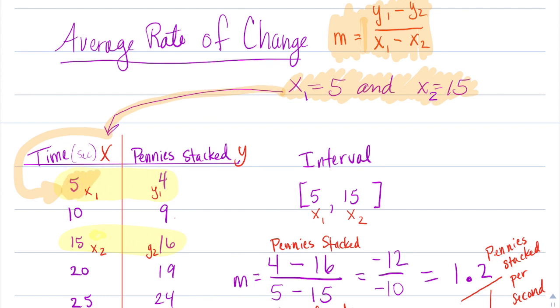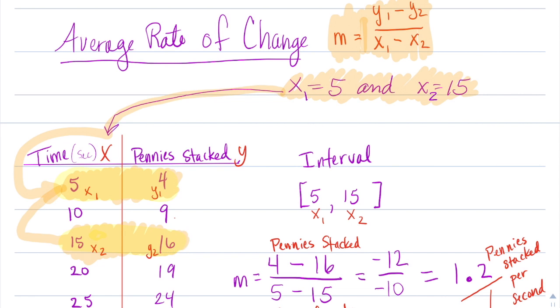And if I look next to x, I find that the y value for that ordered pair is 4. And then I find my x2 value, which is 15. And then the corresponding y value is 16.